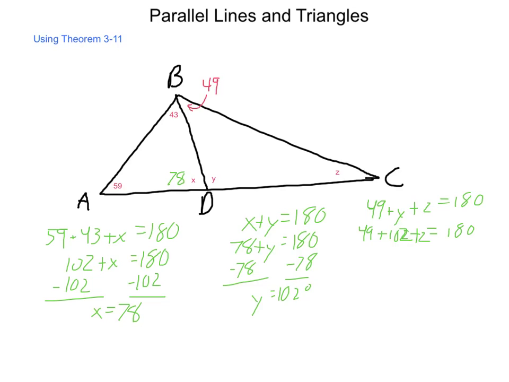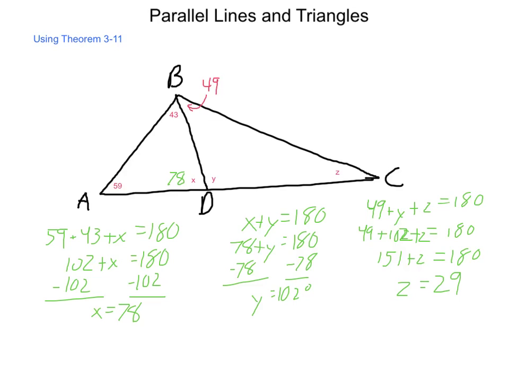Forgot to put my Z in there. 49 and 102 is 151 degrees. So plus Z is 180. Subtracting the 151 gives us Z equaling 29 degrees. Sorry, I forgot to label that 49 to begin with.